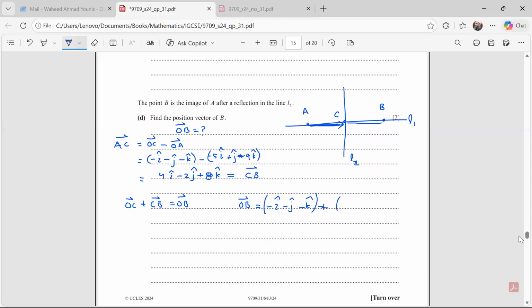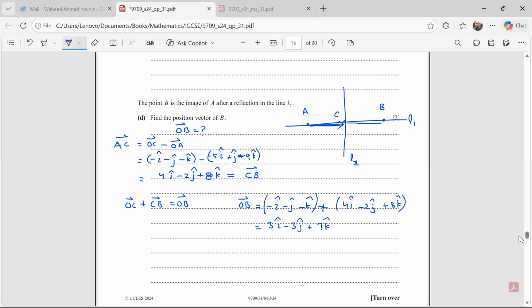It was 4i minus 2j and plus 8k. So minus 1 plus 4 is 3i, minus j minus 2 is minus 3j, and minus k plus 8 is plus 7k.